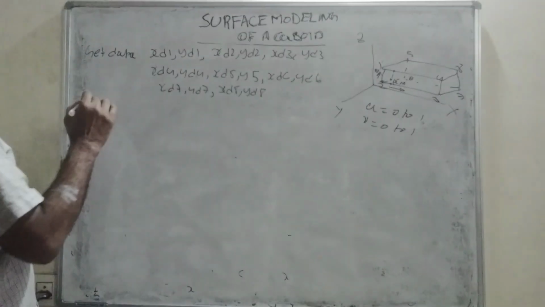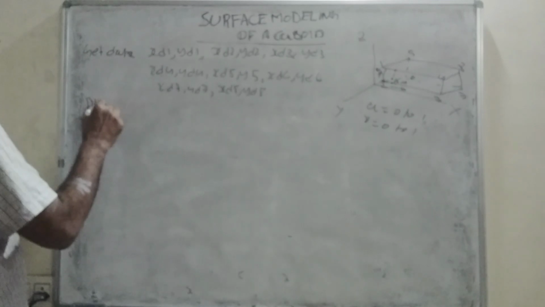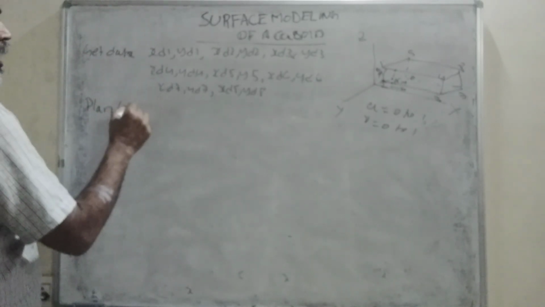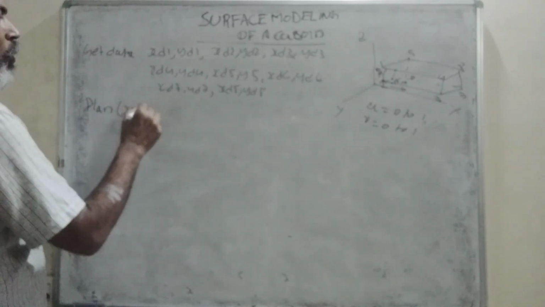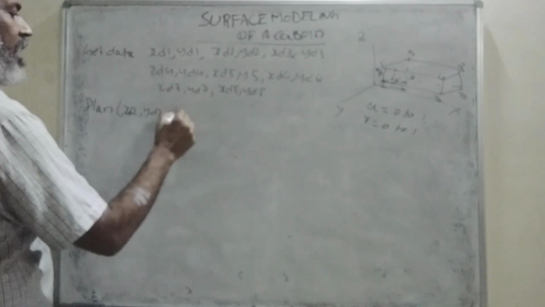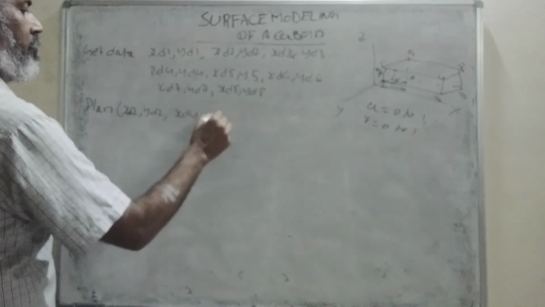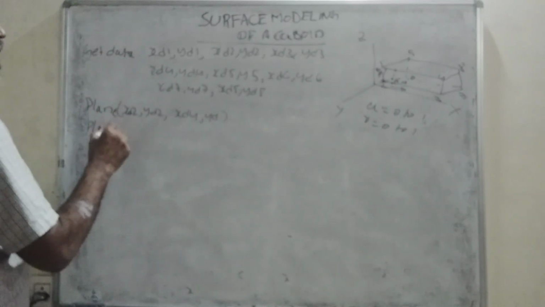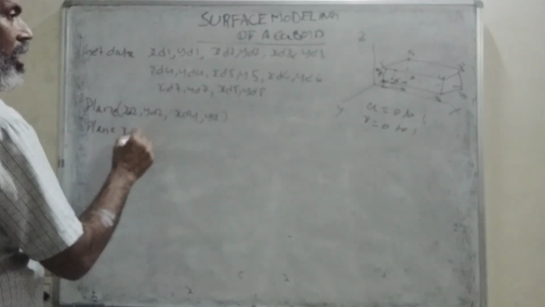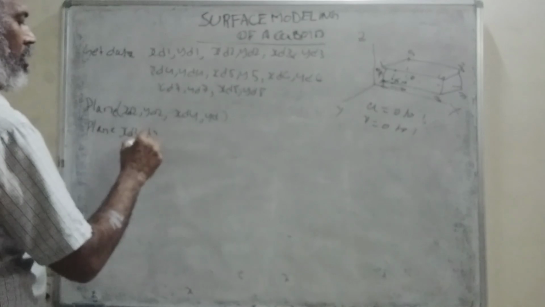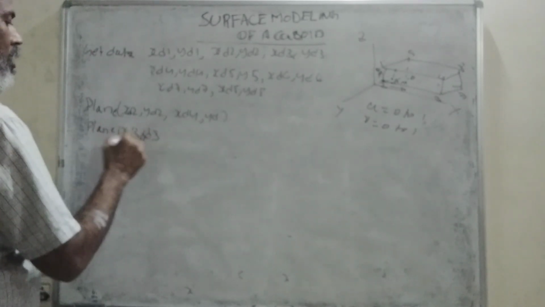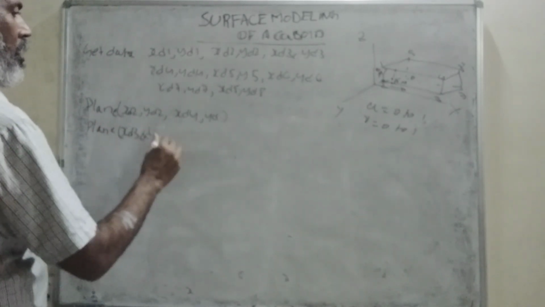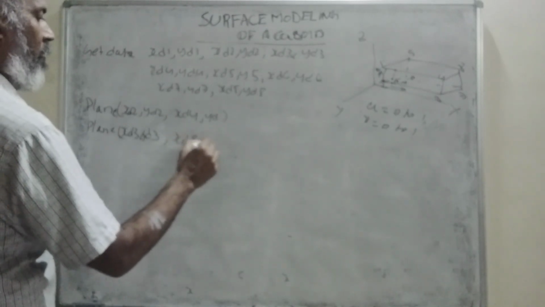here you have to draw 6 planes. Plane xd2, yd2, xd4, yd4. This is one plane. Plane xd3, yd3, xd8, yd8.